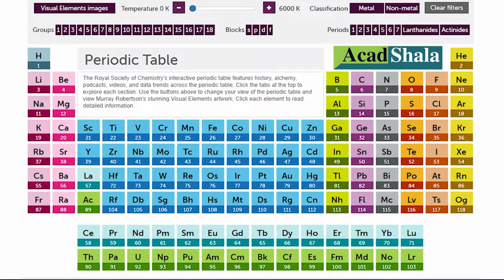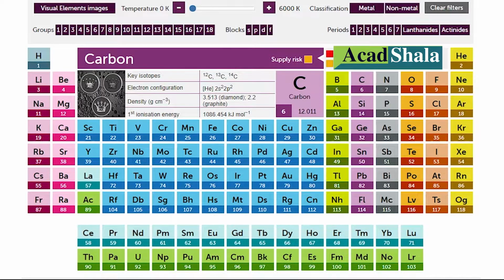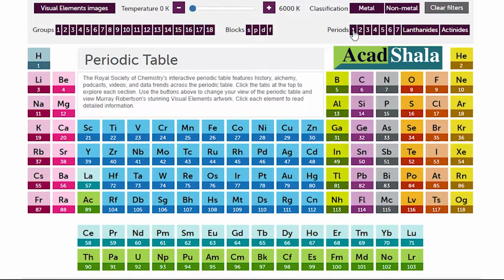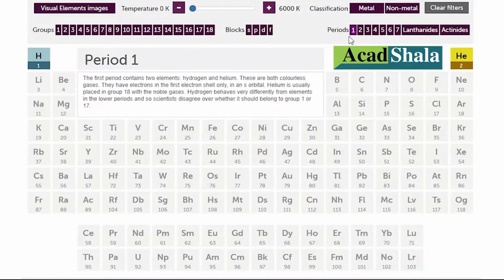So now let us study the variation of the number of valence electrons across a period or down a group in the periodic table. Now let us go for across a period. First I would like to show you period number 1, and now period number 2.